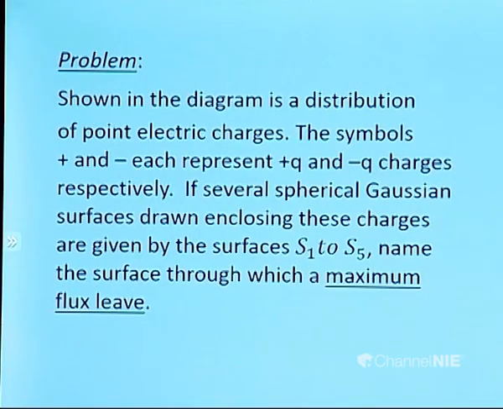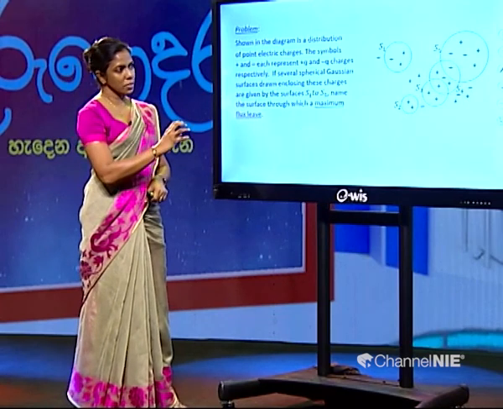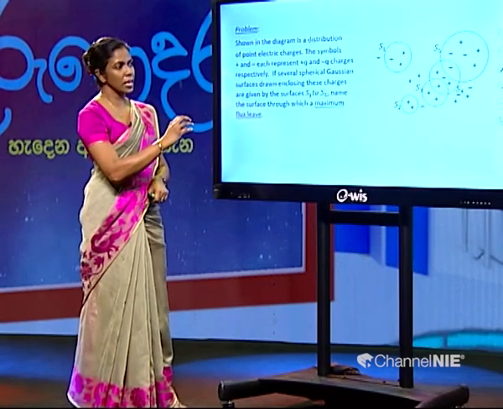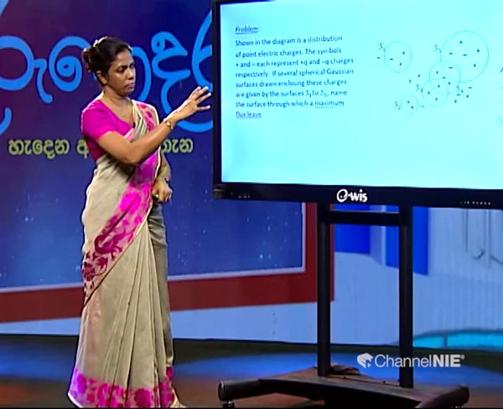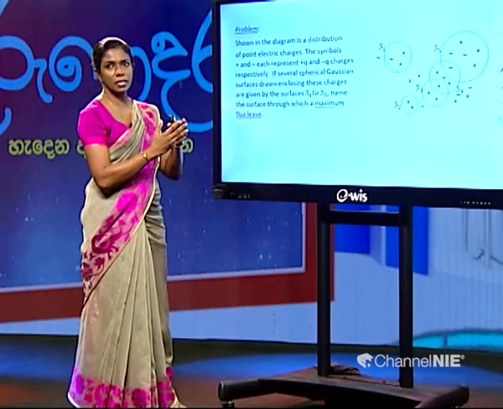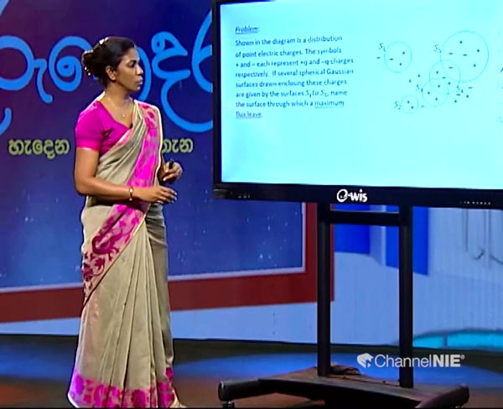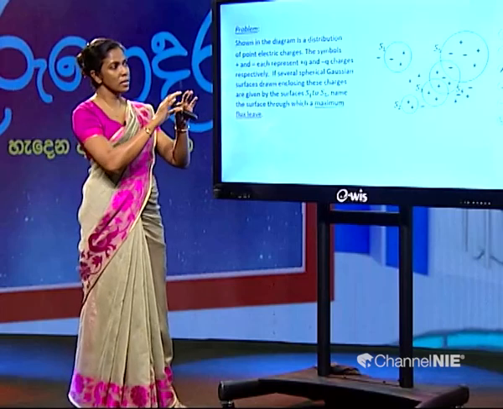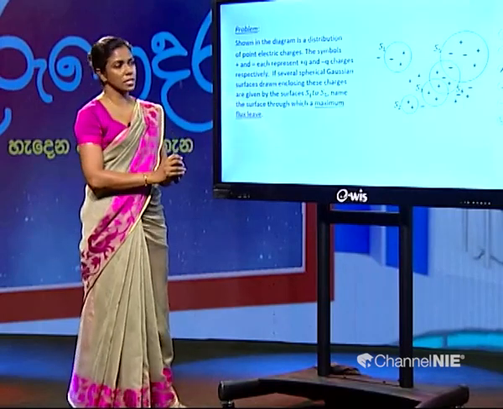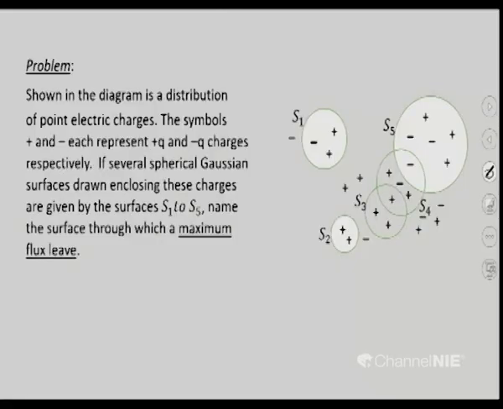Now, let us see what we know. We have learned that from a positive charge, field lines leave out. We draw the lines leaving. If it is a positive charge, lines are drawn to move out. So, we want to find flux that is leaving. So, in that case, whatever surfaces we consider, if the flux is to leave, the surface must enclose a positive charge.